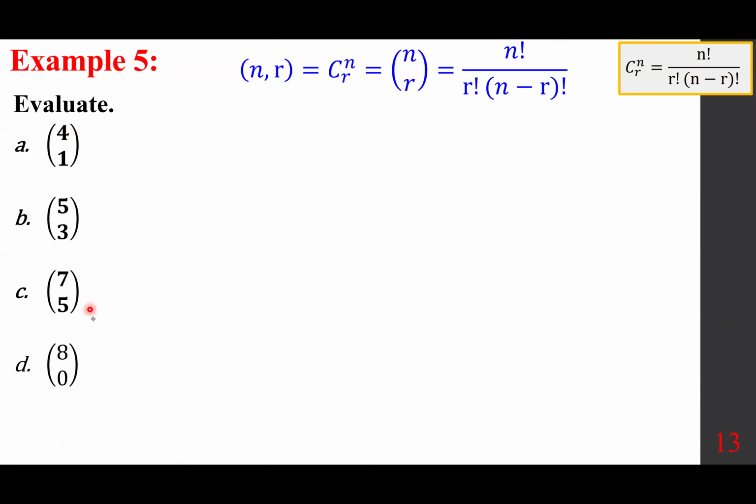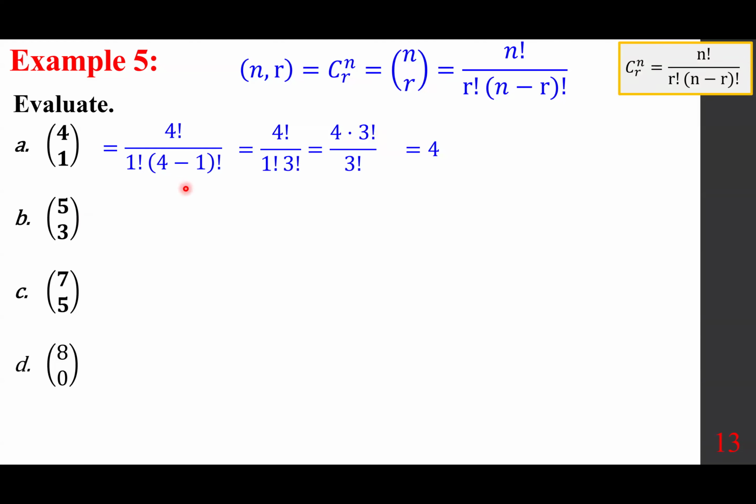This notation means combination. C(n, r) is n factorial over r factorial times n minus r factorial, in any order. So this would be 4 factorial over 1 factorial times 4 minus 1 factorial. This is 3 factorial, and this is 4 times 3 factorial. They cancel each other. How about 5, 3?